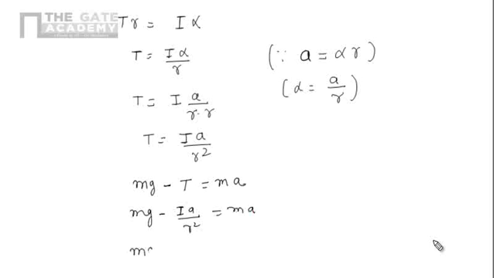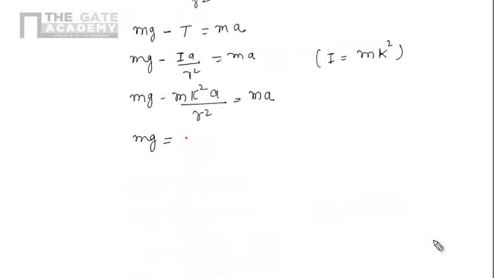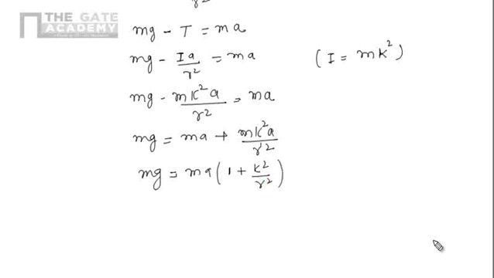Now we know the I, that is moment of inertia, is nothing but m into square of the radius of gyration. The radius of gyration is k, so I can write m k square a divided by R square equals ma. So mg will be ma plus m k square a by R square. So mg equals ma taken common, 1 plus k square by R square.